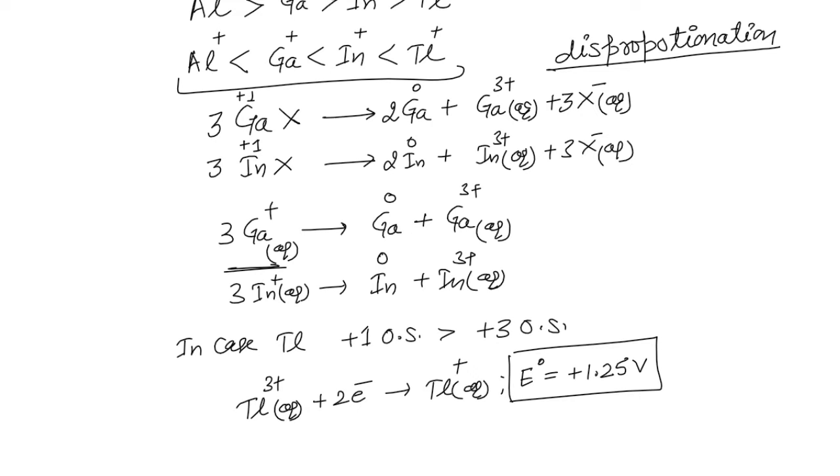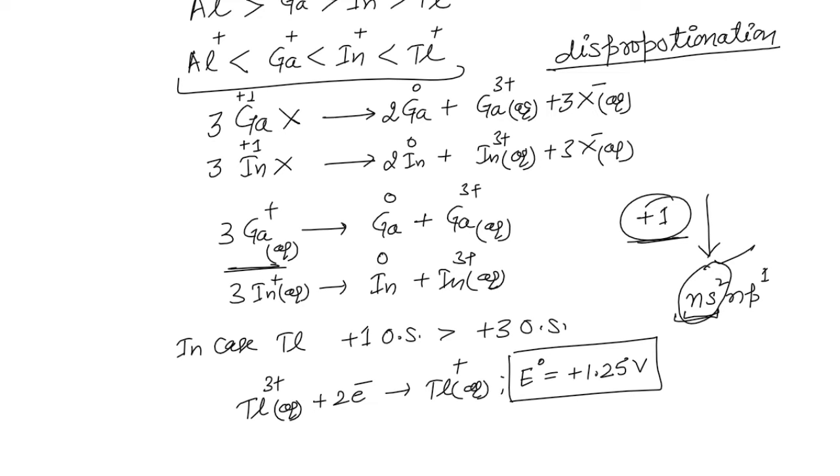Okay, beta. Now, how do you explain the reason? What is the reason behind the stability of +1 which increases down the group? So, as we move down the group, what happened? You know, in group 13 there is ns2 and np1. So, the tendency of this s electron pair of the valence shell to participate in bond formation decreases.